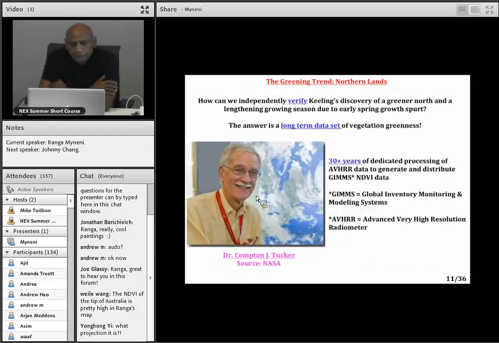Now, how can we verify? Keeling deduced the amplitude increase and longer growing seasons due to early springs from atmospheric CO2 data, but that came out in 1996. The question then was, how can we independently verify Keeling's discovery of a greener north and a lengthening growing season due to early spring growth spurt?